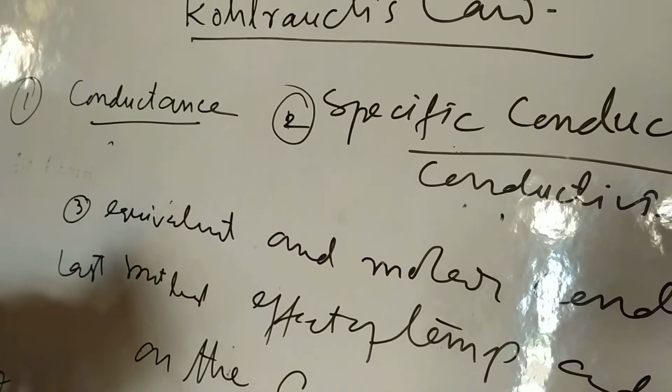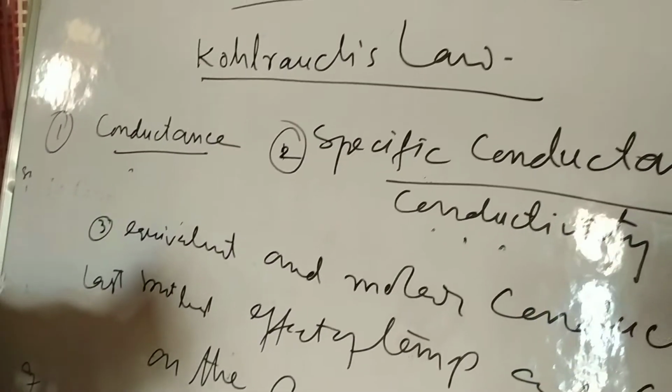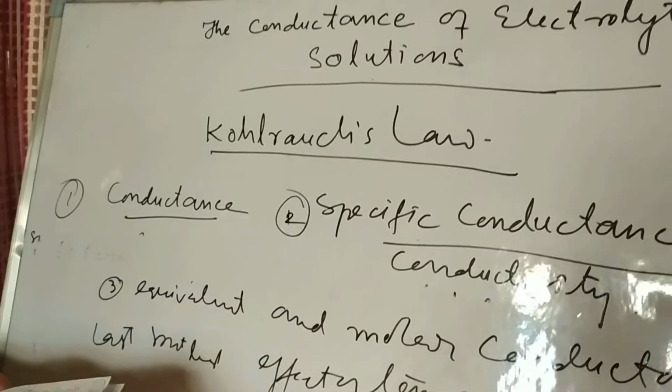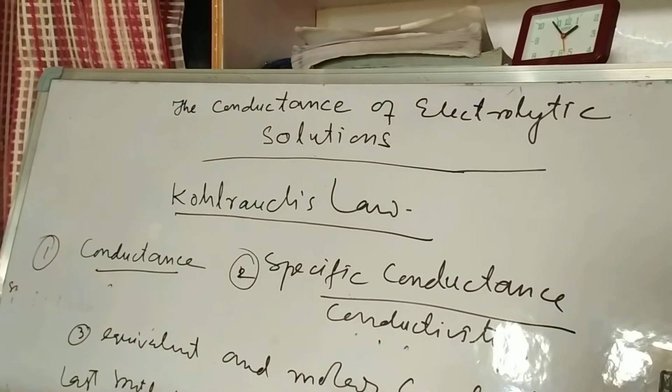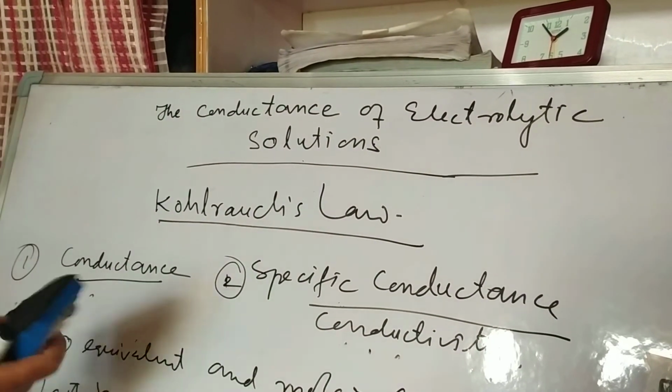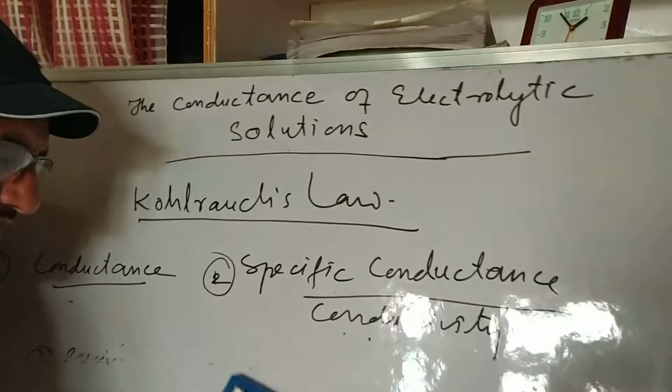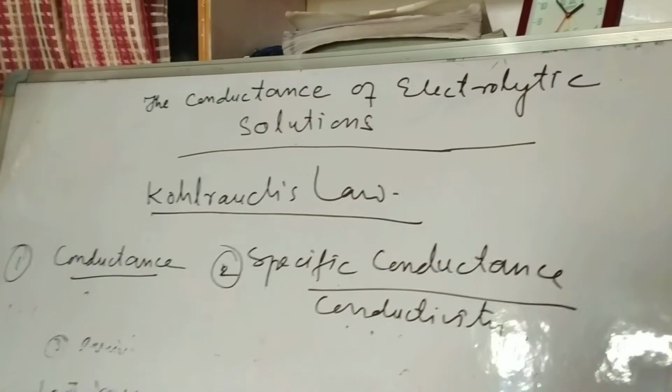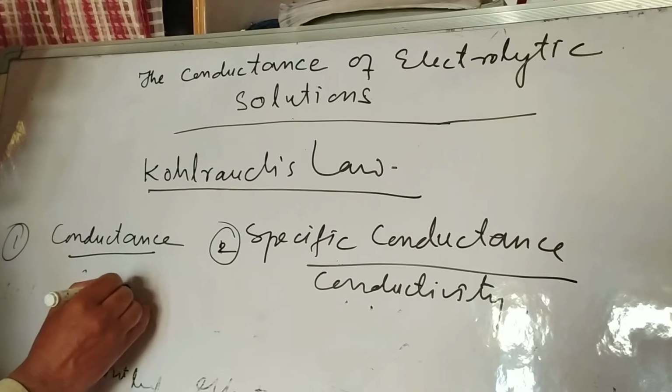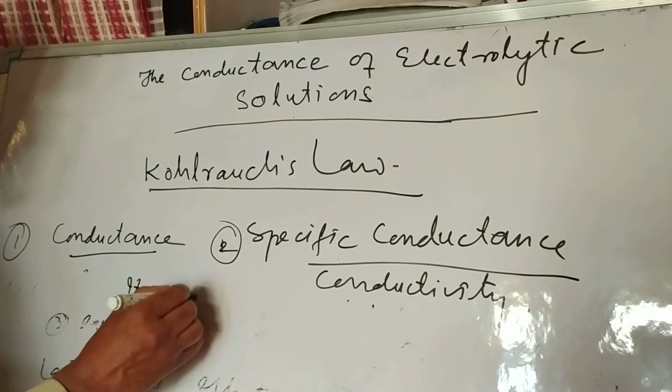What is conductance? Conductance is the ease with which current flows through an electrolyte or a conductor.